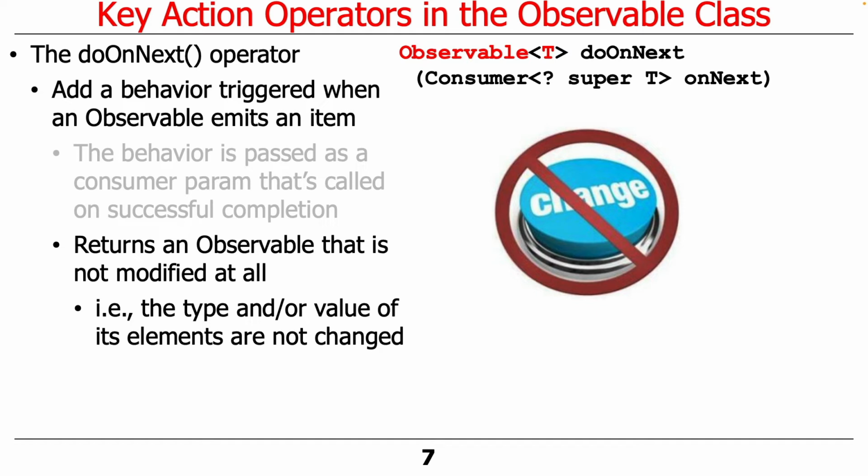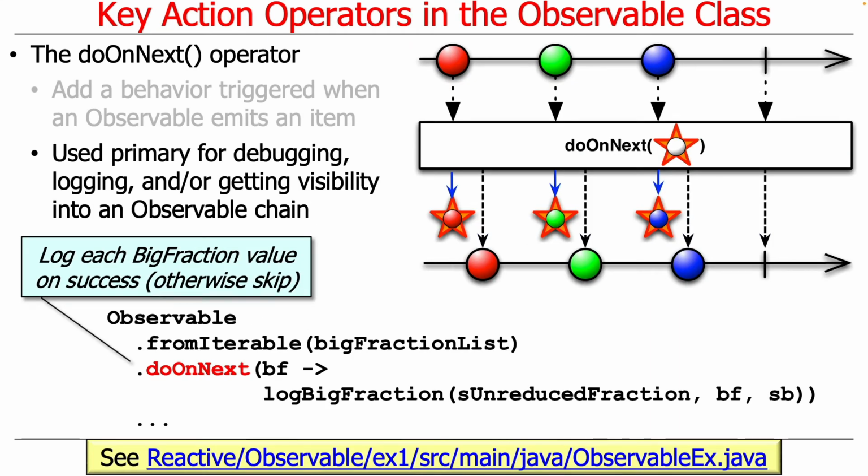The type isn't changed, the value is not changed. All we did was have an opportunity for a hook that gets invoked when control reached that particular part of the flow.